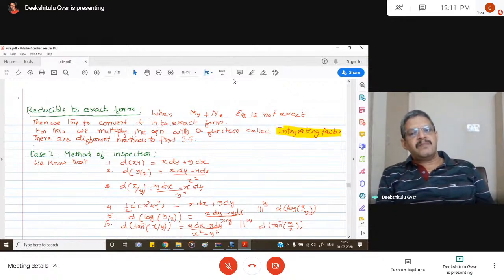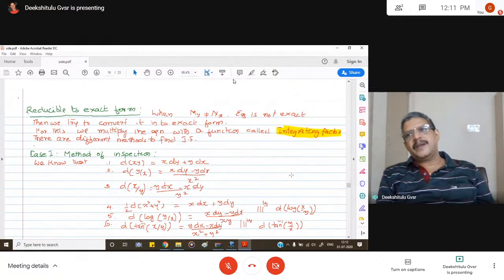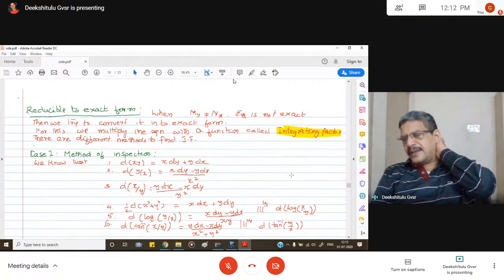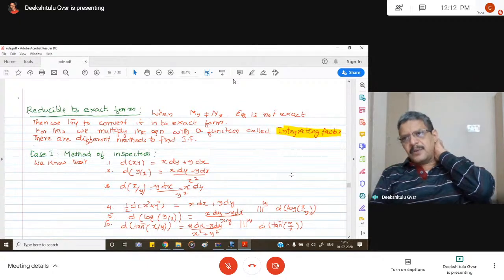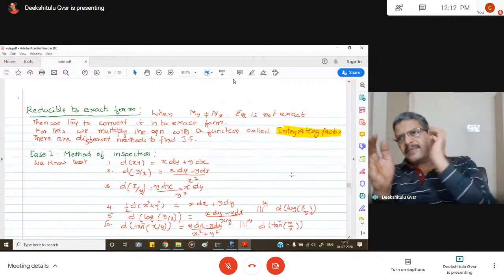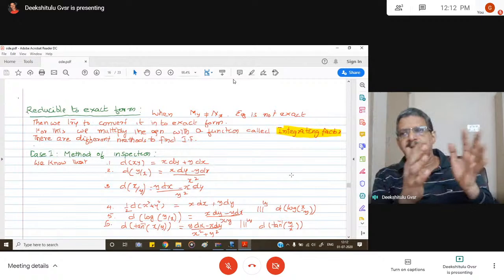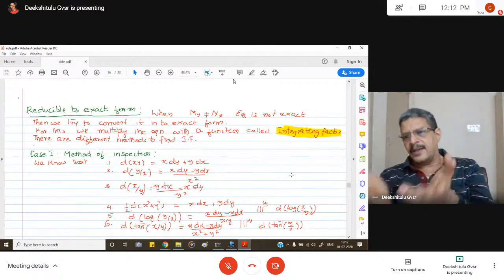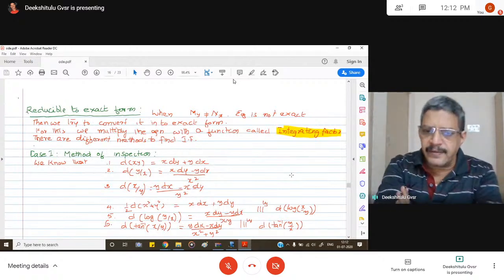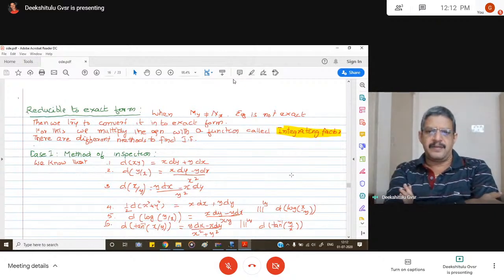For this, we multiply this differential equation with a function called an integrating factor. So here, integrating factor, when it's a linear equation, dy by dx plus P(x) y is equal to Q(x), we are finding the integrating factor and multiplying the equation with this integrating factor. Here also we are finding an integrating factor and multiplying the equation with it.